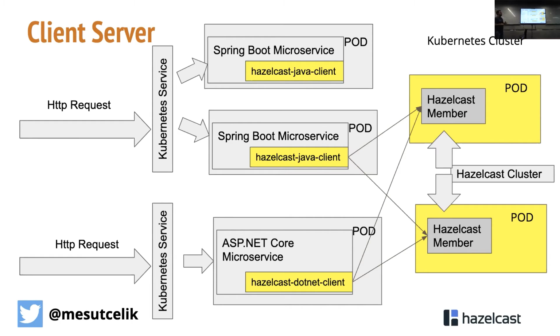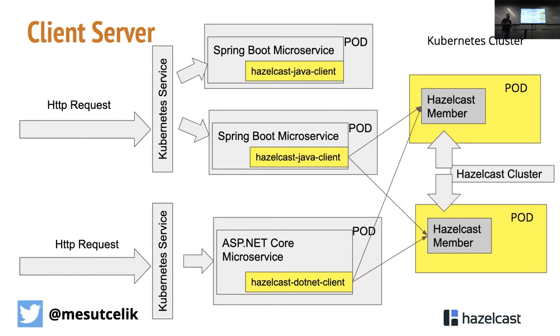Other reasons are that you can use multiple programming languages to implement your microservice. Hazelcast fits very well into Kubernetes. On the Hazelcast side, you can also deploy in Kubernetes, but some companies prefer to deploy it in VMs.